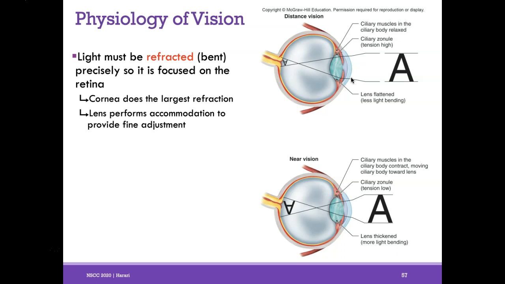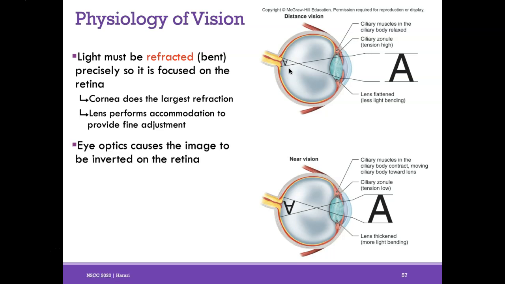Light travels through air at a certain refractive index very easily, but any other material bends light. Like water bends light. The light does not travel directly through water. So the cornea is pretty aqueous, and the cornea does a lot of the refraction. So the light gets bent and focused on the retina.